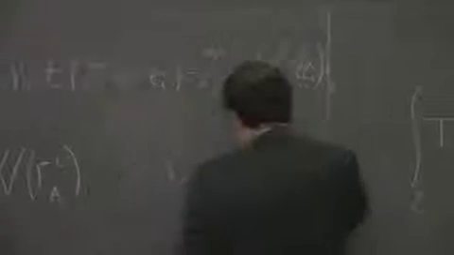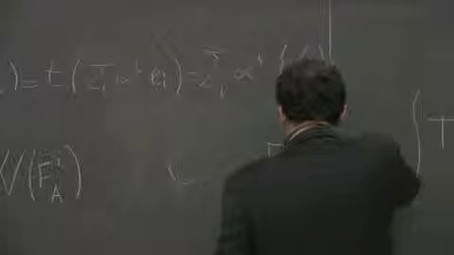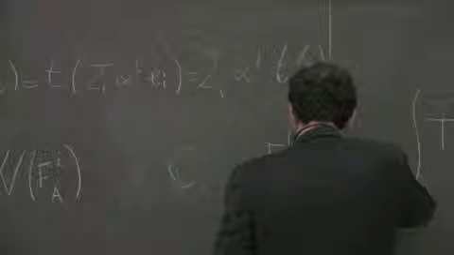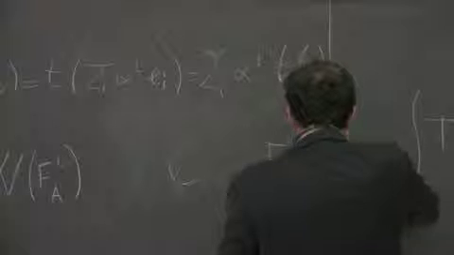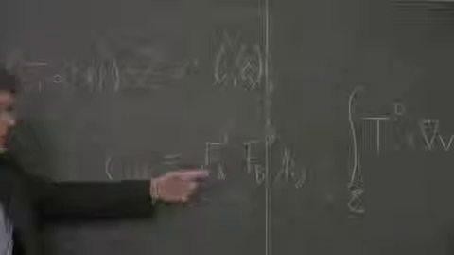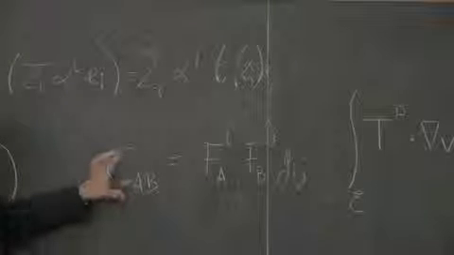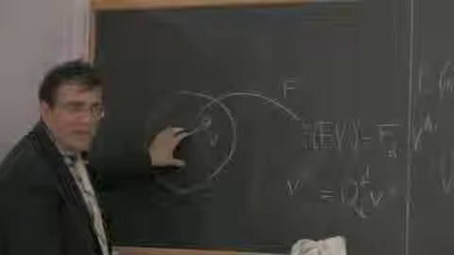Because when we have introduced the deformation measure C_AB, F transposed F, this is a linear map from Lagrangian vector to Lagrangian vector.